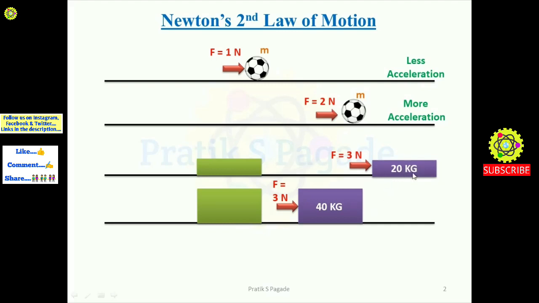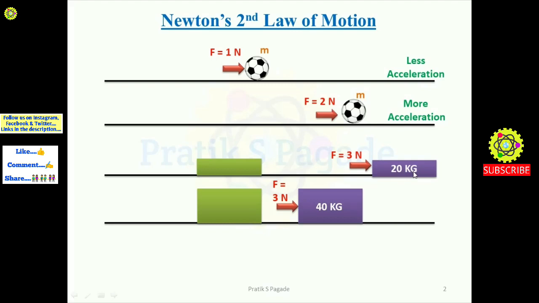This first case has less mass, so it moved up to this position, and in the second case the mass is more, so the object moves by using the same force up to this position, as you can see here. That is less acceleration here.